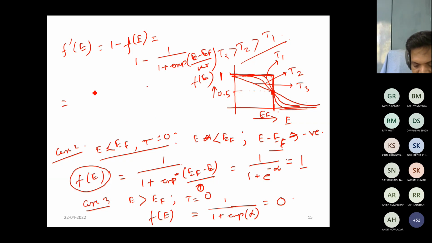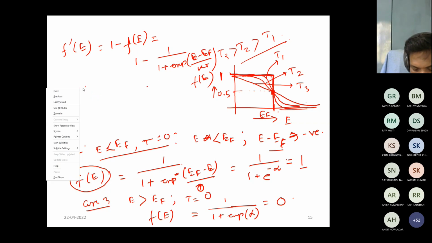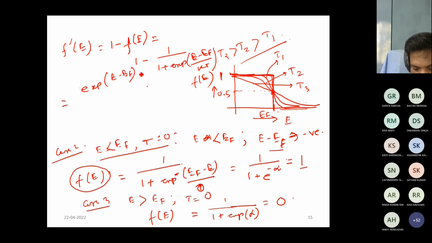It is given by exponential of (E minus EF) by KT divided by 1 plus exponential of (E minus EF) by KT, right?